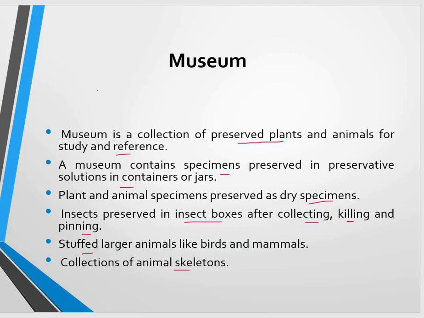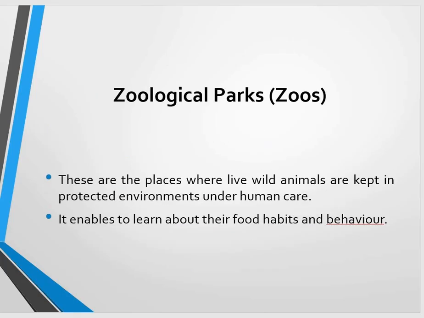And now we are coming to another taxonomical aid, that is the zoological parks. These are the places where the wild animals are kept and protected in a maintained environment. Again, the habitat of the animals kept in the zoological parks mimics their natural habitat, but actually it is artificial.